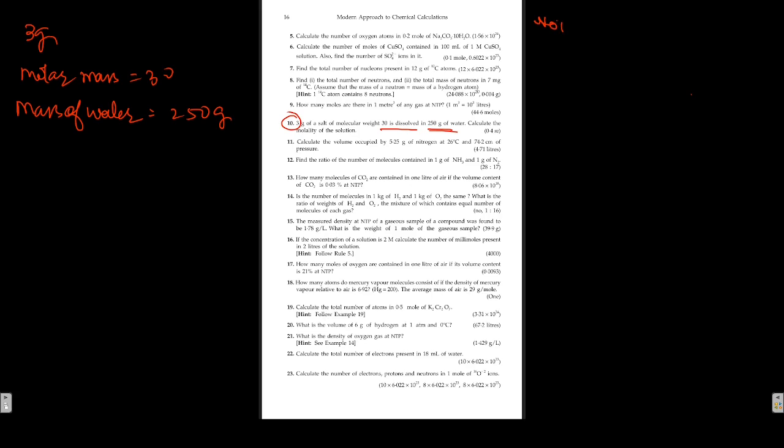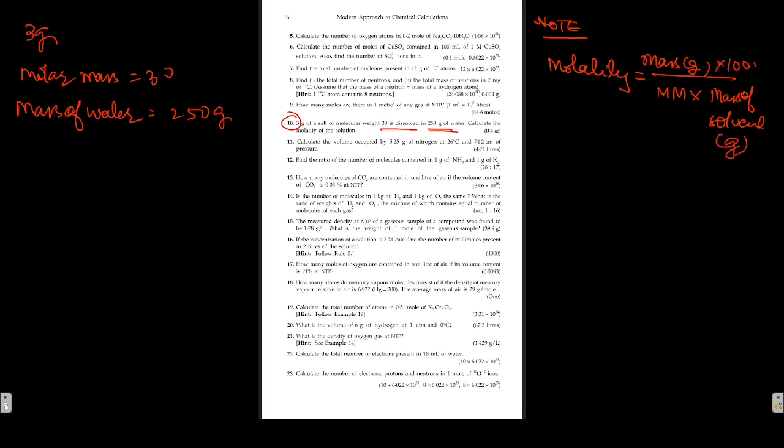So note here: molality is equal to mass of solute in gram upon molar mass of solute into mass of solvent. If we write the solvent in gram, then we have to multiply by 1000.